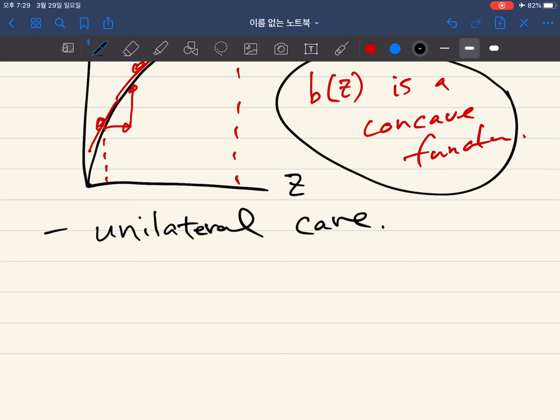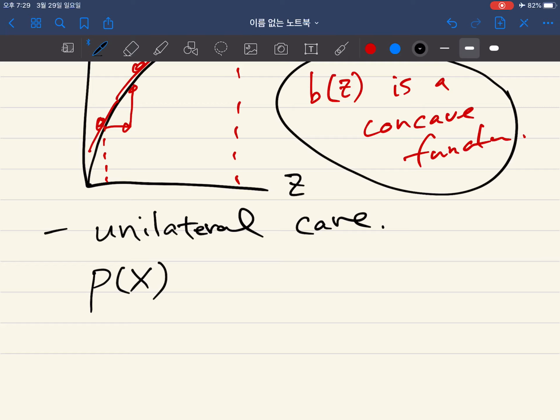So in the unilateral care case, accident depends only on the injurer's care. To make things simple, we think about a unilateral care situation.